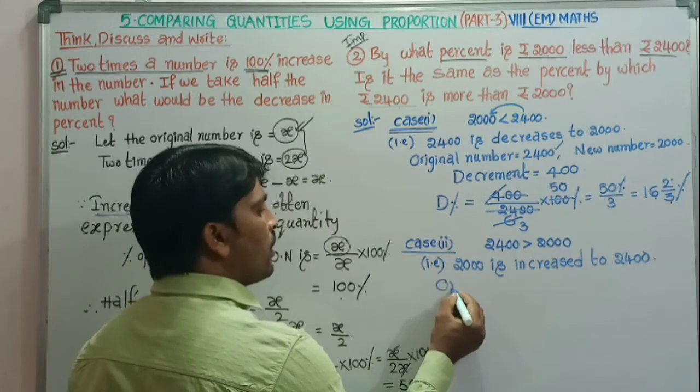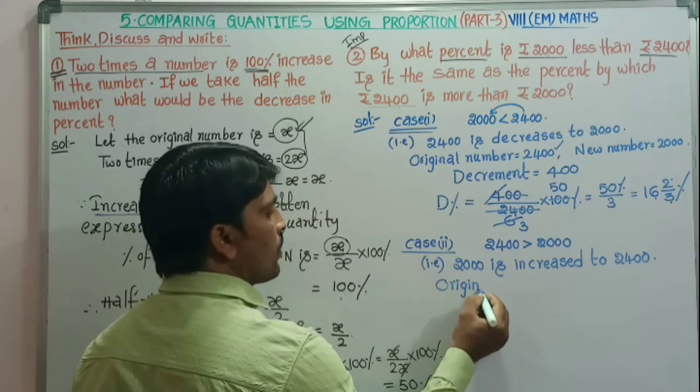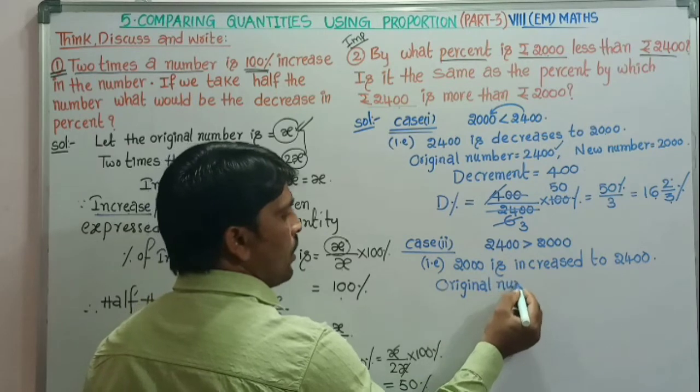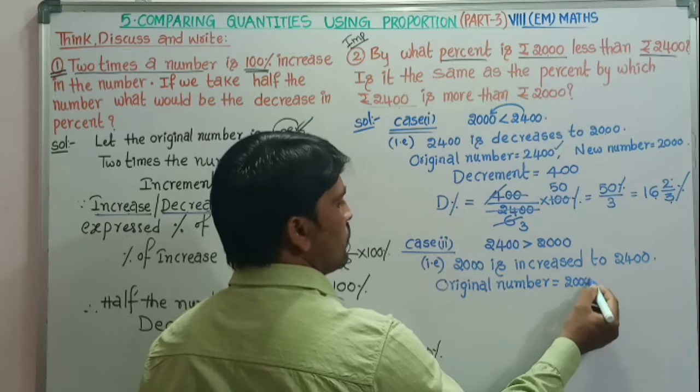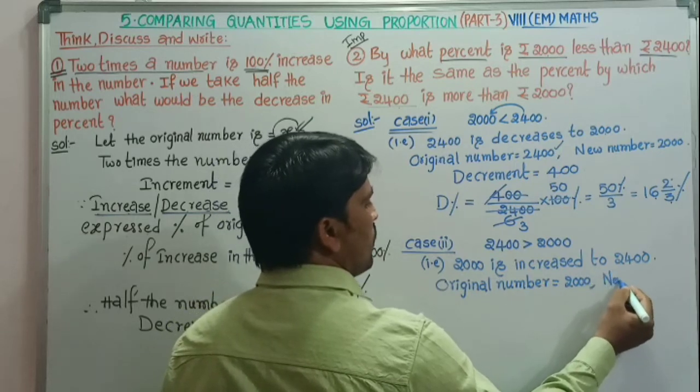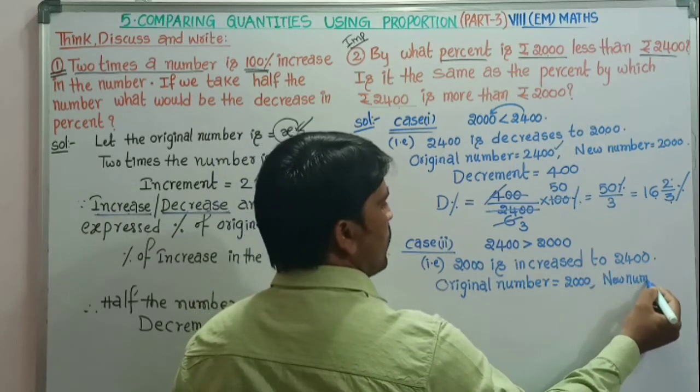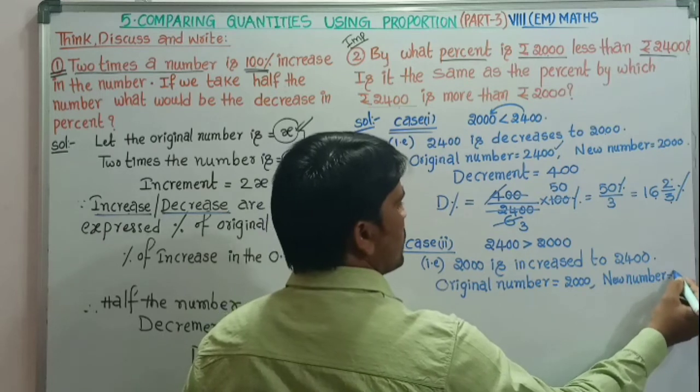So here we take the original number as 2000 and the new number as 2400.